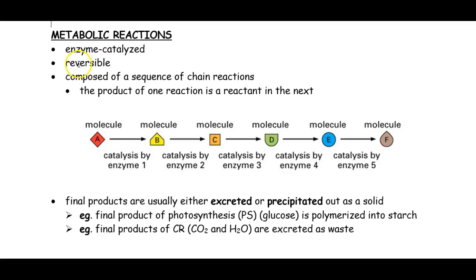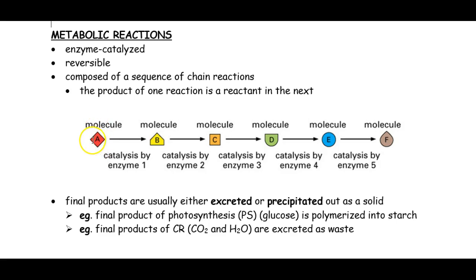They are going to be reversible, and we're going to be looking at the reversibility of that in the next chapter on photosynthesis. And you're going to see that glycolysis, for example, is basically a series of reactions, one after the other, where the product of one reaction is a reactant in the next.